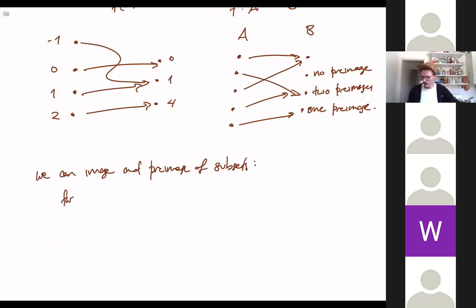So S is a subset of A, and let's say our function is from A to B, which it has always been, but I'll keep saying that.